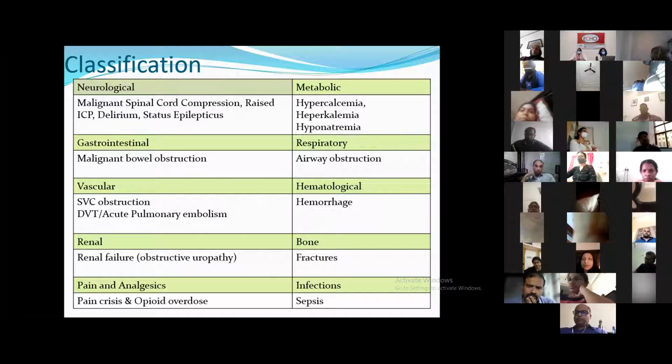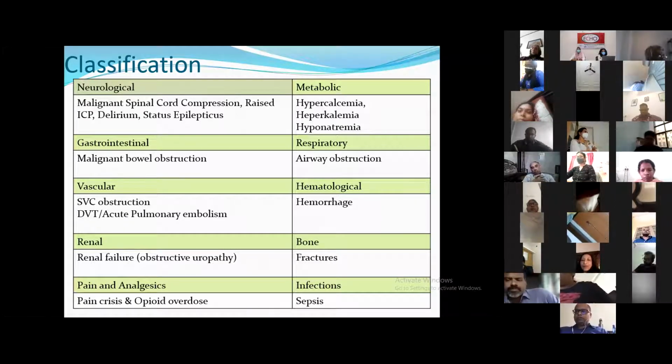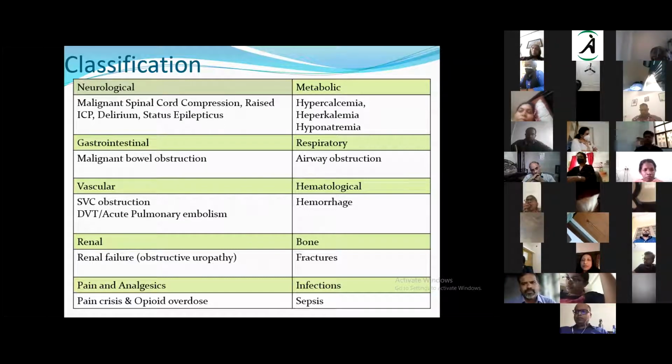Emergencies can be in the form of renal failure due to obstructive uropathy. You might have seen many cases of carcinoma endometrium, especially stage 3 onwards, who can have a picture of hydroureteronephrosis and can present to you with obstructive uropathy. Some of the emergencies are related to bone, because of the underlying pathological fracture, and they can present with a frank fracture.